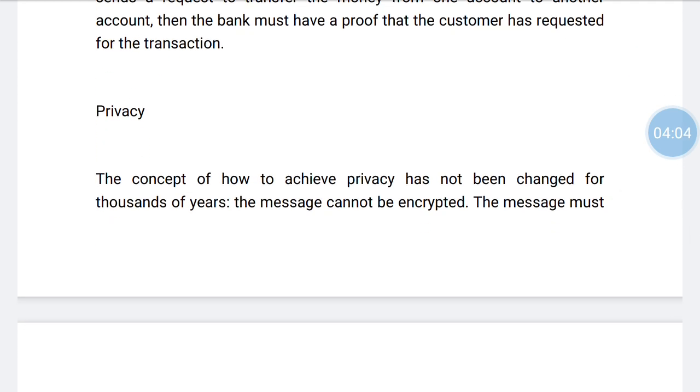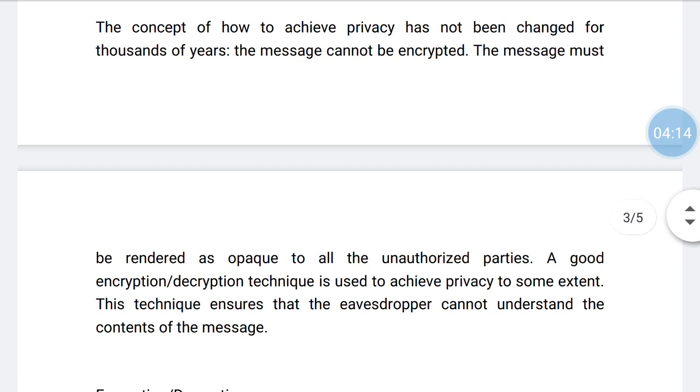Now, the concept of how to achieve privacy has not changed for thousands of years. The message must be encrypted. The message must be rendered opaque to all the unauthorized parties. A good encryption and decryption technique is used to achieve privacy to some extent.